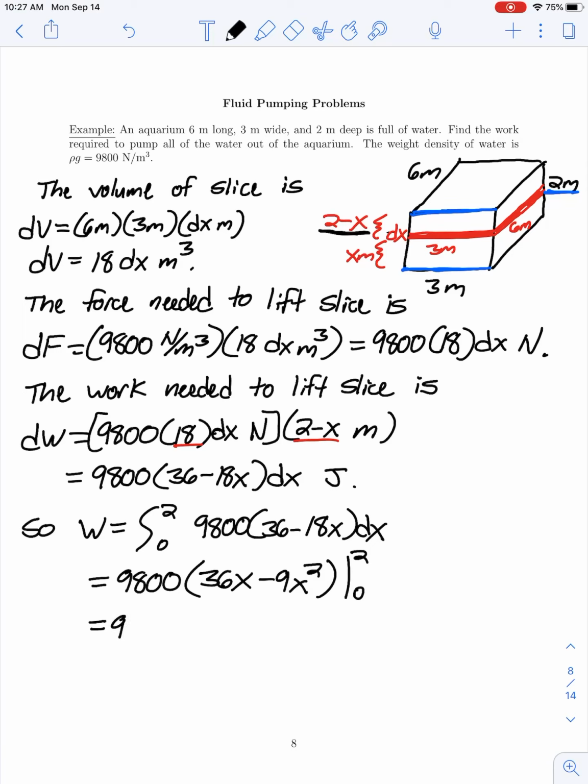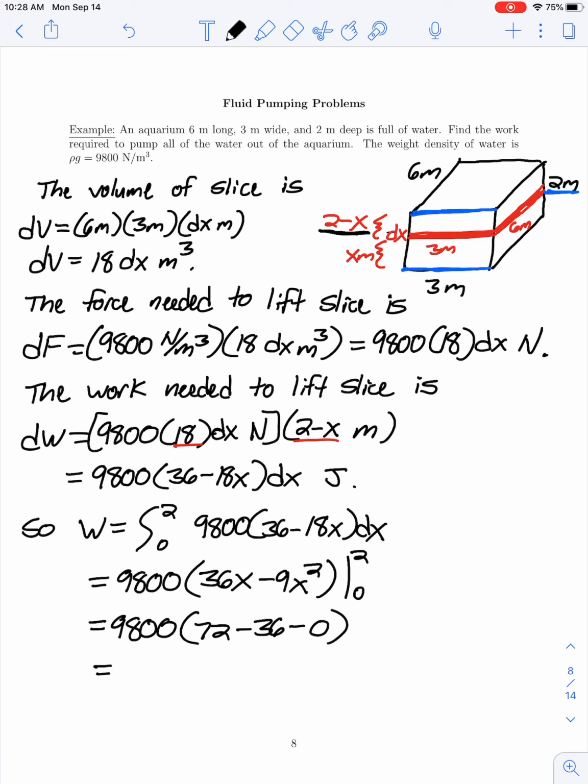So we have 9,800 times, when we evaluate at 2, 36 times 2 would be 72, minus 9 times 2 squared would be 36, and then we subtract what we get when we evaluate at x equals 0, which would be 0 here.